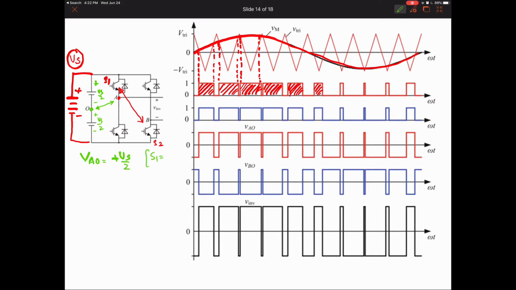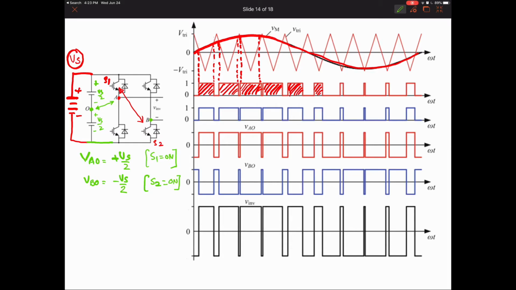So when S1 is on, you get this voltage, and when switch S2 is turned on, this point B is connected with the negative terminal. So what will be the voltage of point B with respect to the fictitious point O, the center point of your source? VBO will be equal to minus Vs by 2 when S2 is in the on state.